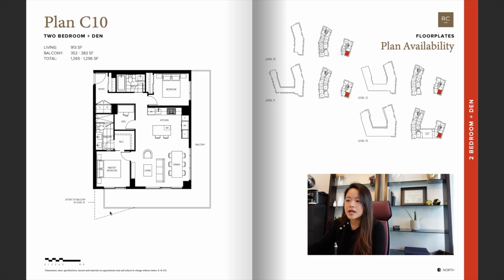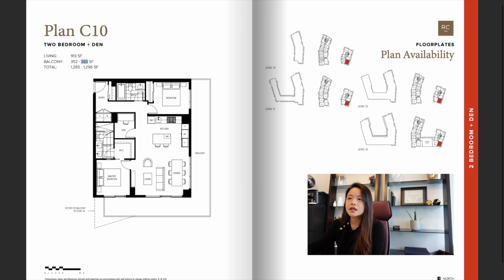If you're on the 10th floor, then you get this extra little dotted part right here, which means your balcony square footage will be 383 square feet. Otherwise, if you don't have this part, if you are level 11, 12, or 13, then your balcony space is 352 square feet, which is this right here.